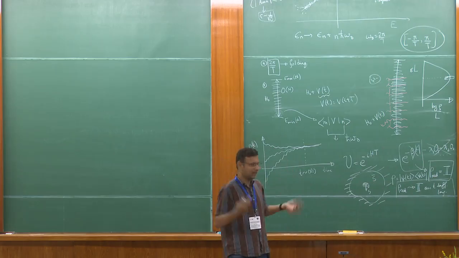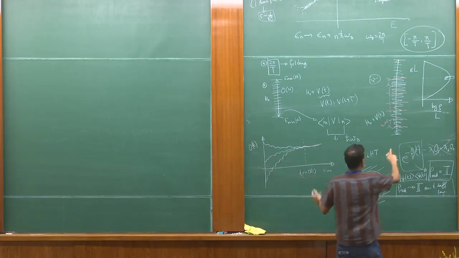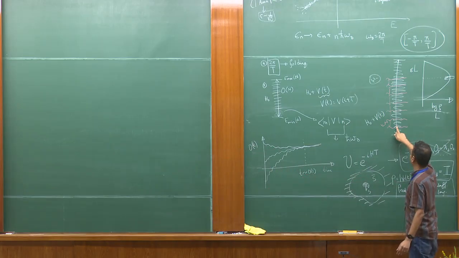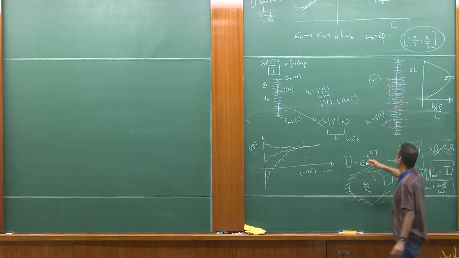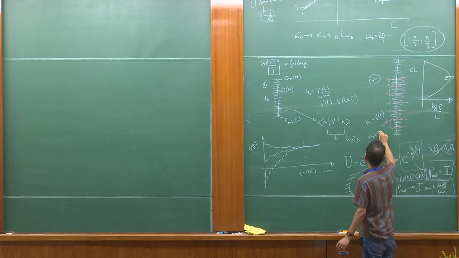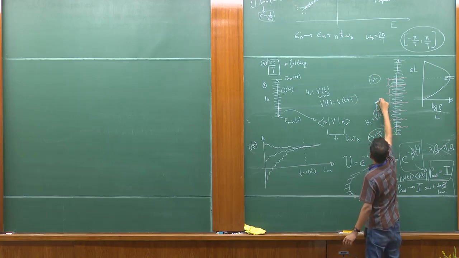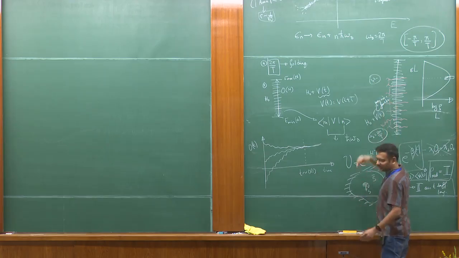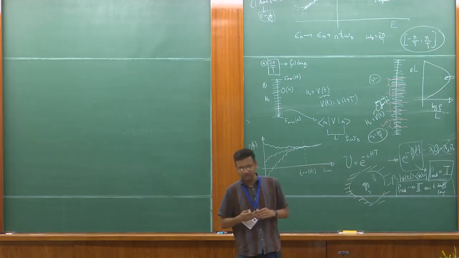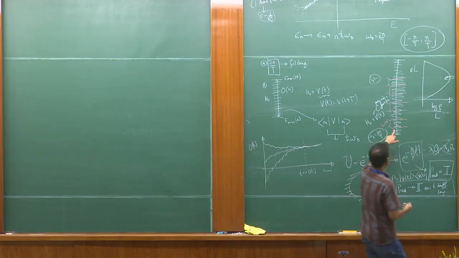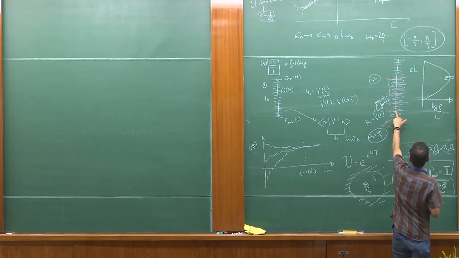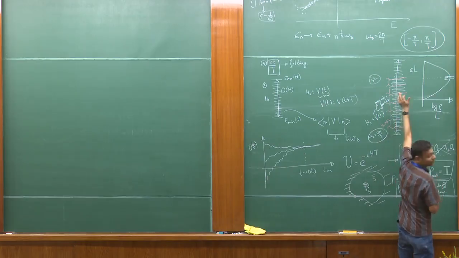Then if you just want to think perturbatively, if you have a state of H naught here, then this state can hybridize with another state of H naught, which is separated by h-bar omega d, where omega d is just 2 pi by T, right? So this is a periodic function. For example, you see this when you try to derive Fermi's golden rule, okay? So this state will hybridize with this state, will hybridize with this state, and so on, right?